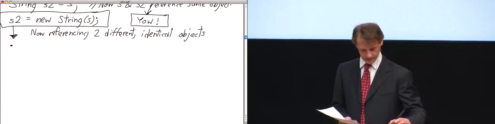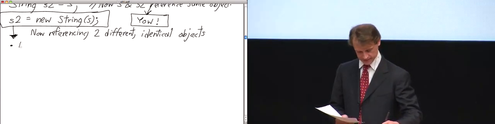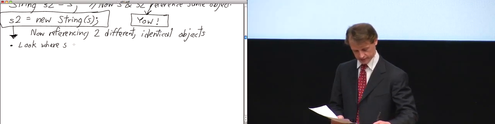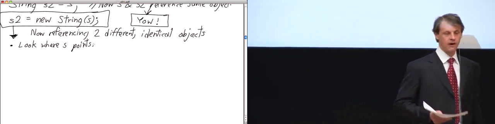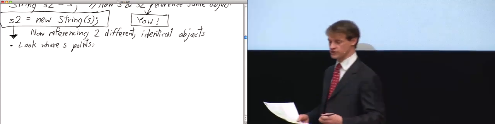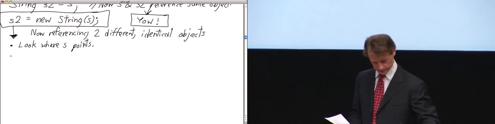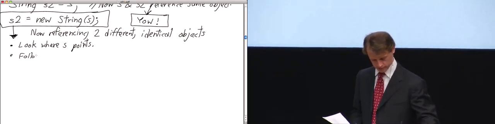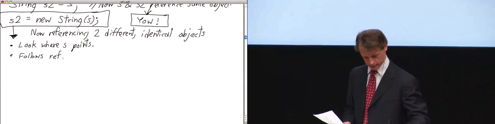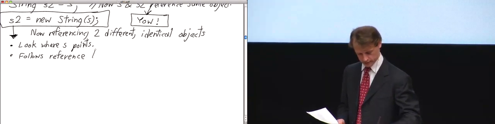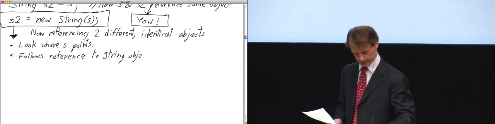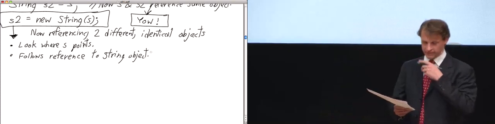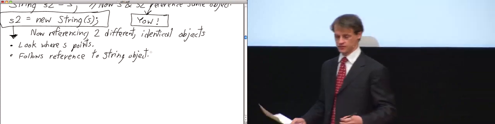First of all, it looks inside the variable S to see where S is pointing. It follows that reference and it finds a string object there. Then it reads the characters in that string object.